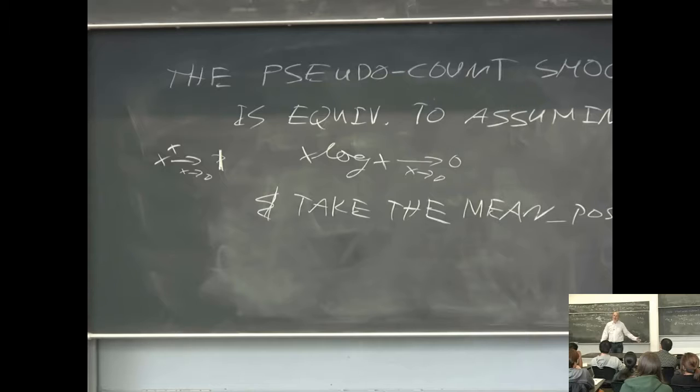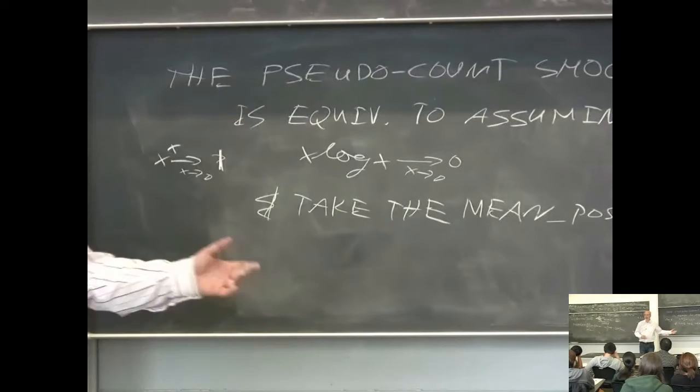And we went over several standard ways of smoothing and tried to interpret them from a statistical estimation theory point of view. So linear interpolation can be thought of as a shrinkage between different estimators with different bias variance trade-off. And pseudo-counts can be thought of as assuming a Dirichlet prior and then taking the mean of the posterior.